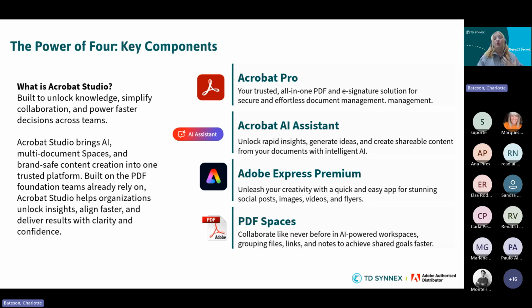It's your quick and easy create anything app, I would say, for stunning social posts, images, videos, and flyers, etc. And then we have PDF Spaces, where people are able to start collaborating like they've never collaborated before in a powerful AI workspace, grouping files, links, and notes to achieve shared goals faster.